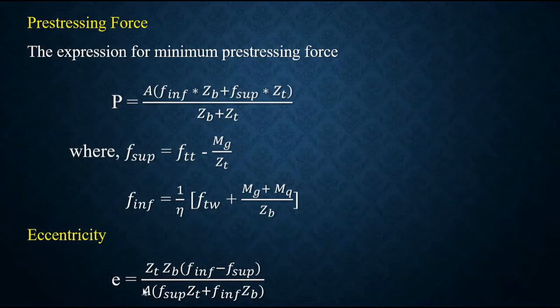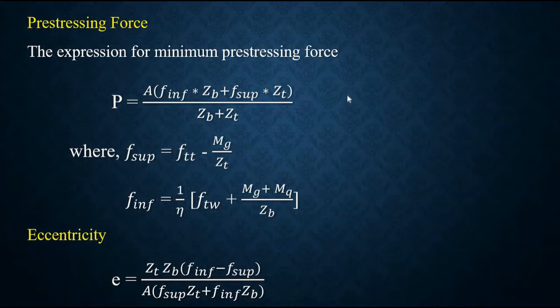Eccentricity is E equal to ZT into ZB into (F inferior minus F superior) divided by A into (F superior into ZT plus F inferior into ZB).